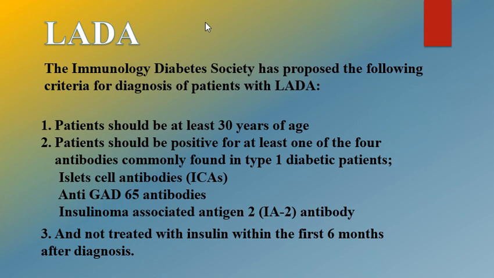So the patient may experience severe complications after a couple of months or couple of years. Patients with LADA usually have a very good response to oral hypoglycemic, but for a short time, then they lose this response.